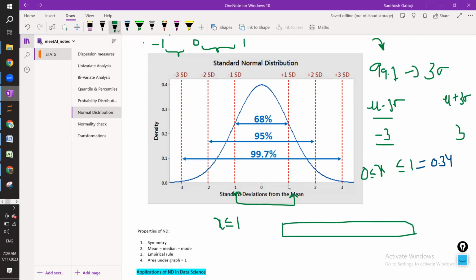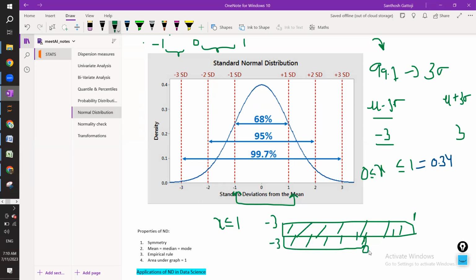If I say 1, it will give minus 3 to 1 because all the area less than or equal to 1. Here you have 1, here you have minus 3. After that, if you're saying 0, again it will give from here to minus 3, less than or equal to 0.